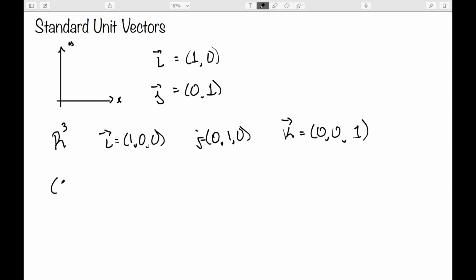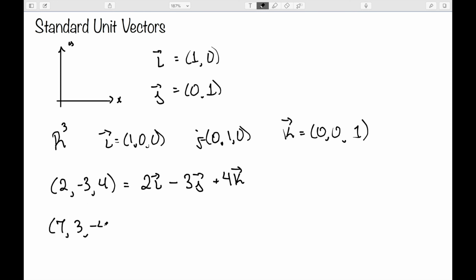As an example, if I want to think of 2, -3, 4, well, this would be 2 times i minus 3 times j plus 4 times k. And you can confirm that if I multiply 2 times this i, minus 3 times this j, and 4 times this k, it'll get us back here.